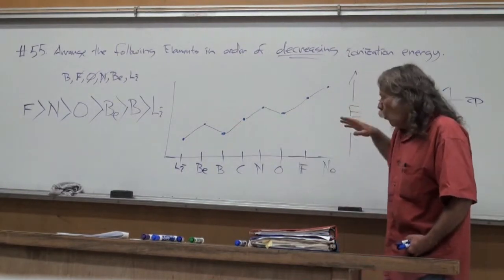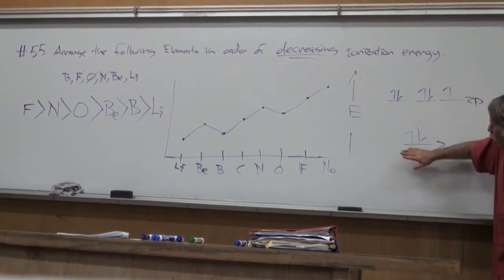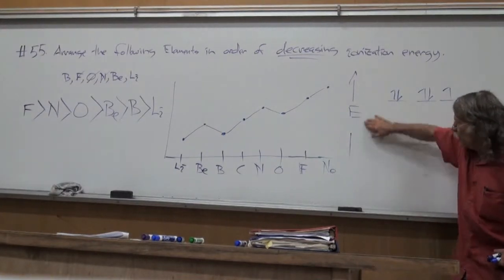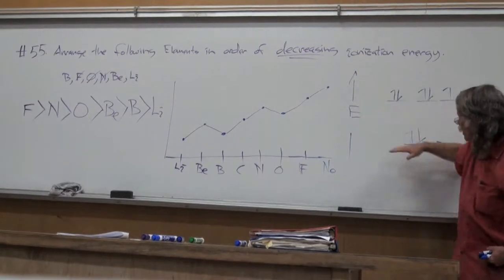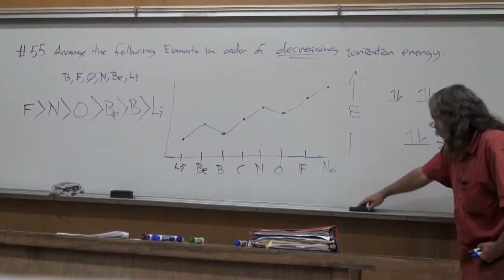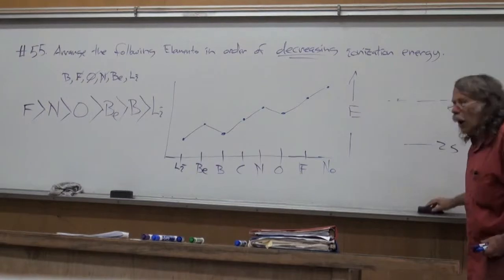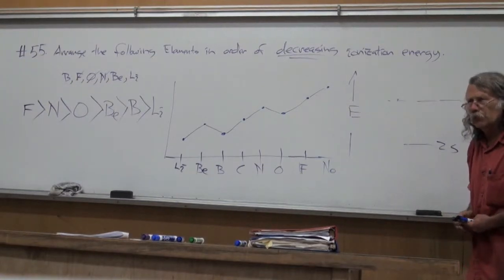Now, in order to understand the trend, you have to be able to draw this diagram here, which is energy, and these are the orbitals. The 2s orbitals and the 2p orbitals. And so I'll reiterate this real quickly so we can show you why this trend is observed.